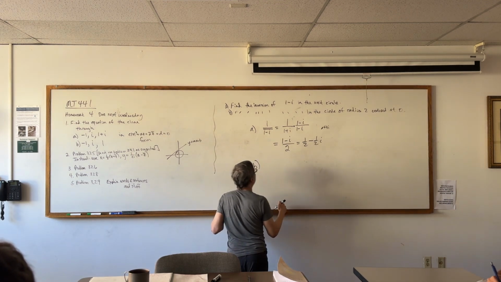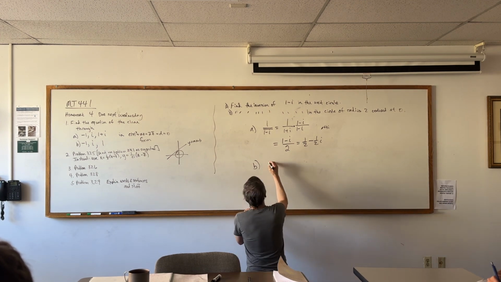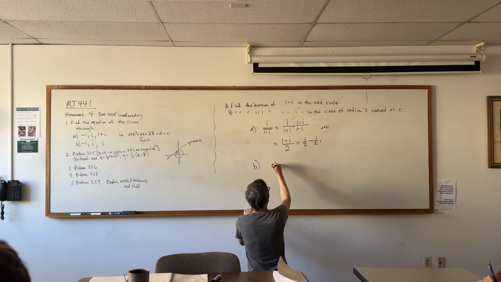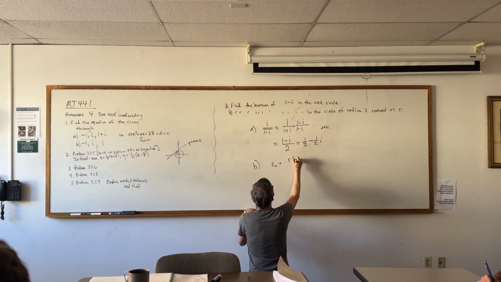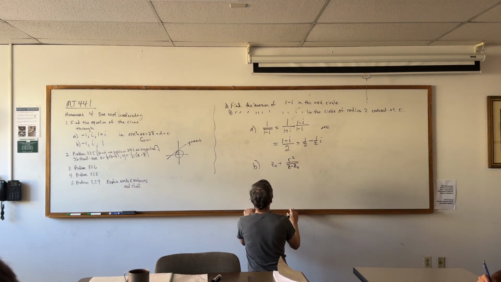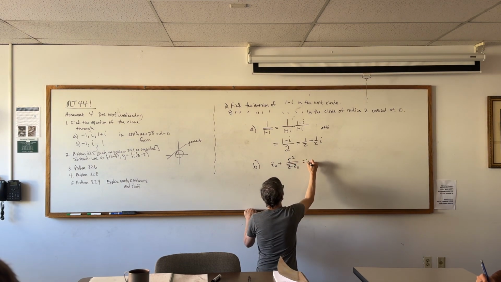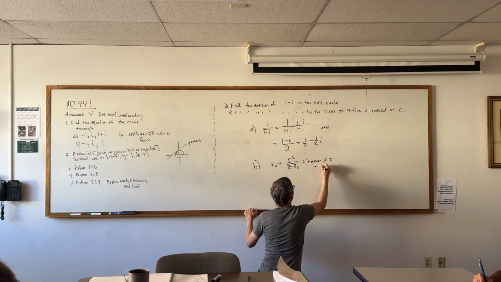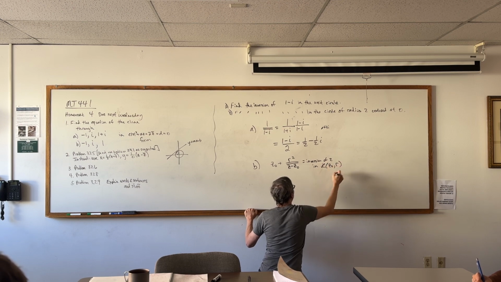This one's a little trickier. We have to use the formula that the inversion in a circle of radius r with center z naught is z naught plus r squared over the value we want to invert minus the center conjugate. So this equals the inversion of z in the circle centered at z naught of radius r.